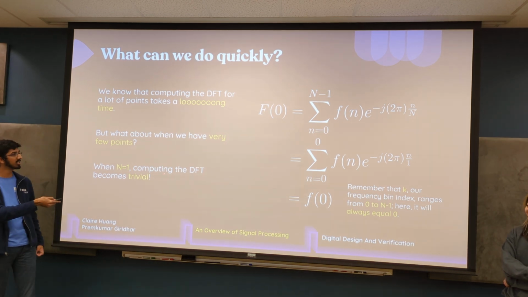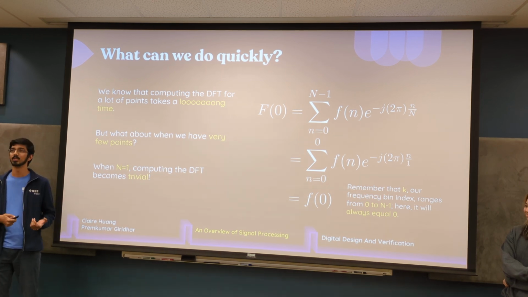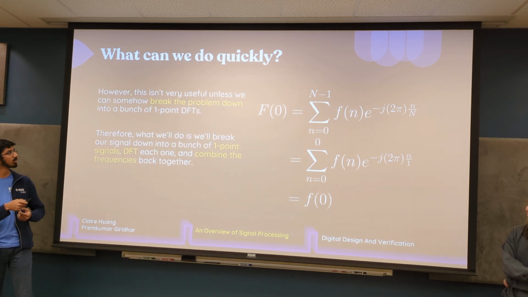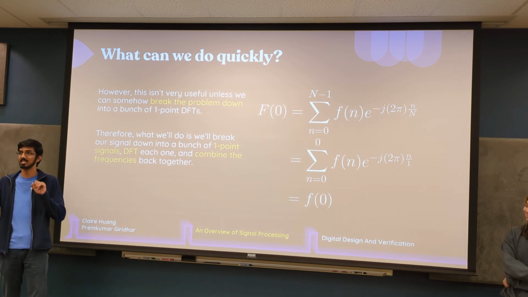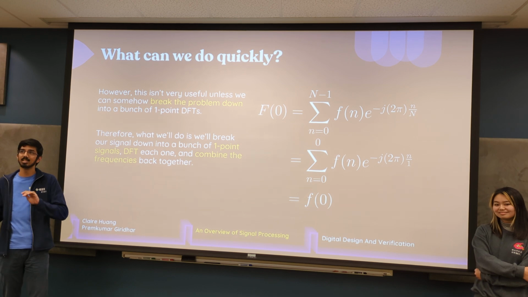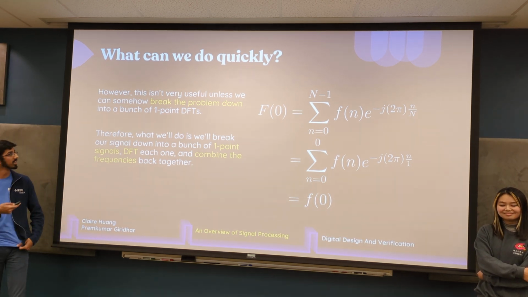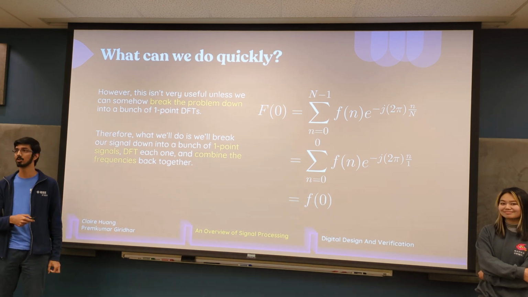So computing the DFT is trivial now, and this is really good. What we want to do is break down the problem of the DFT into a bunch of 1 point DFTs, and then compose them all back together. So we're now going to try to figure out how to do that.